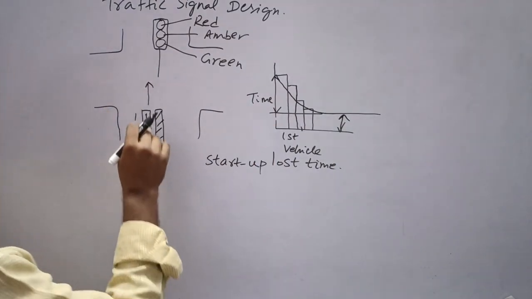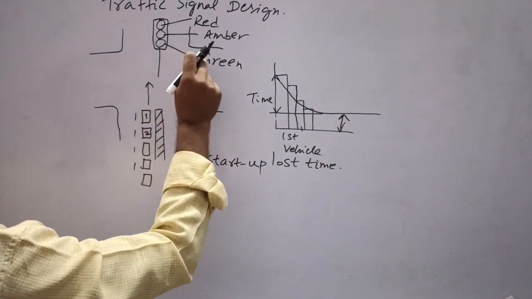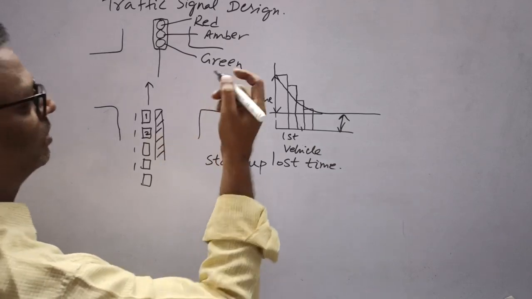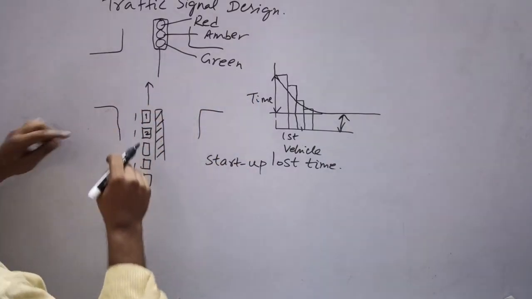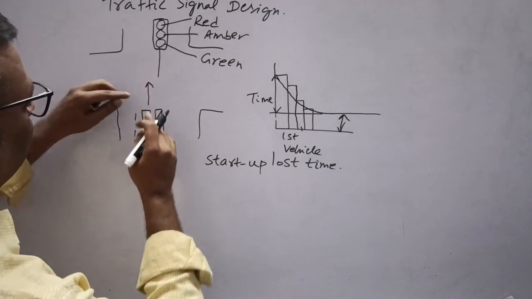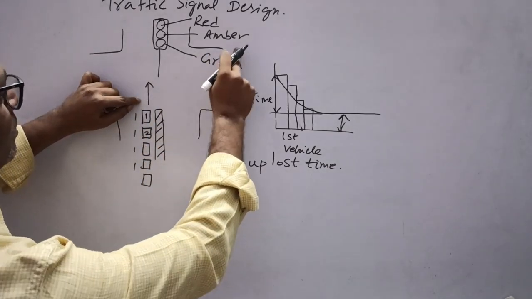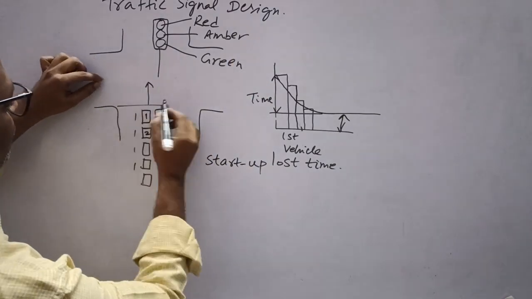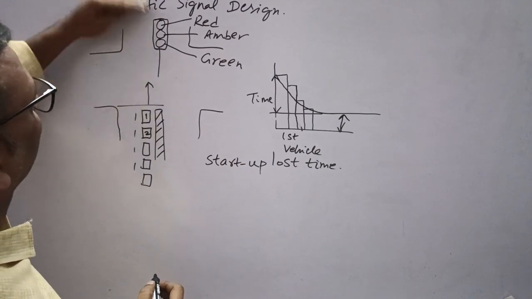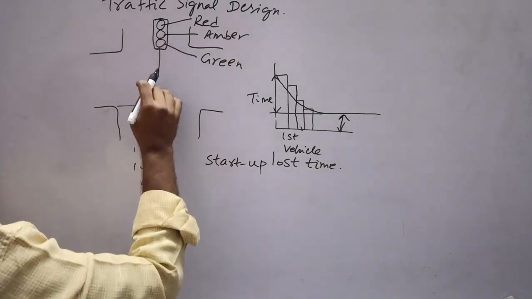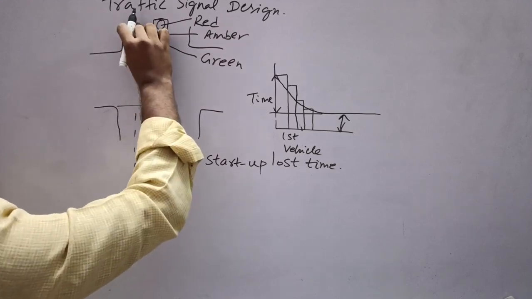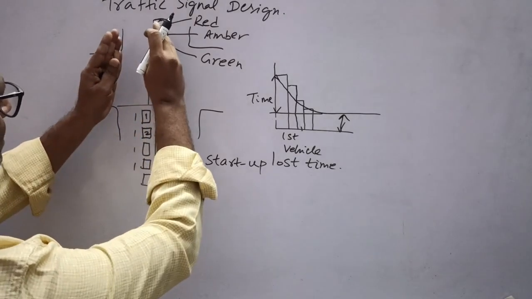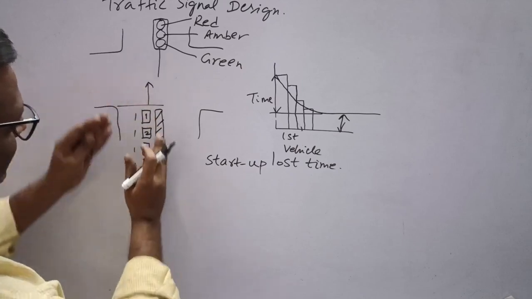And then after green we have amber, right? You call it yellow color also. After green, whenever amber is there, the vehicles which have crossed this line will be clearing from here, and the vehicles approaching here who have seen that signal will be stopping.